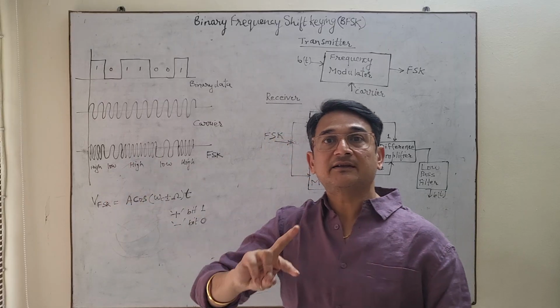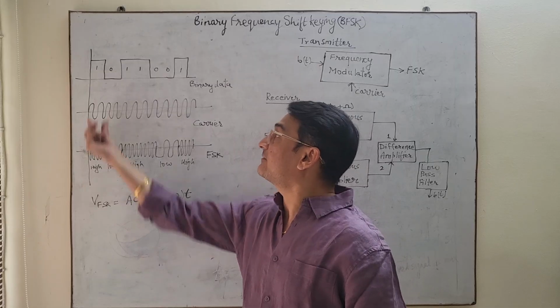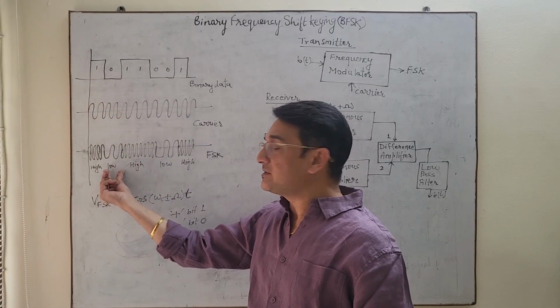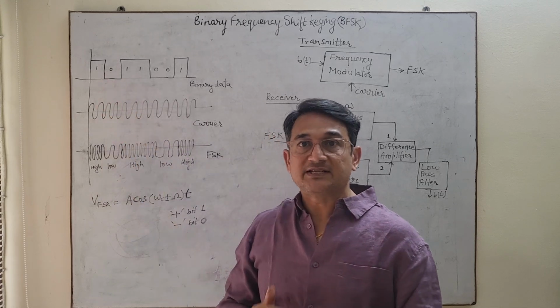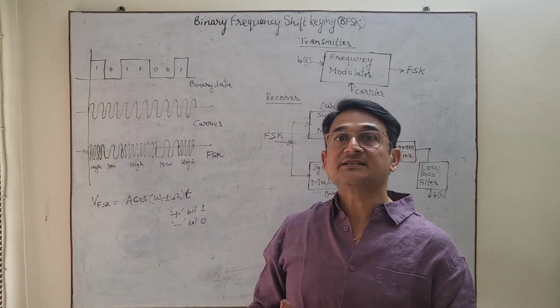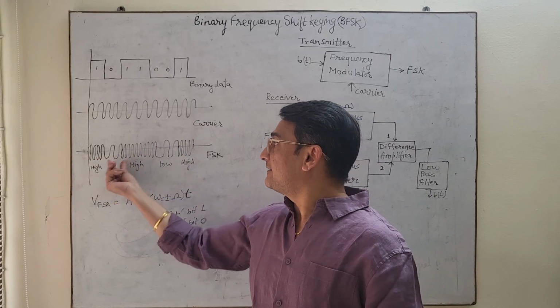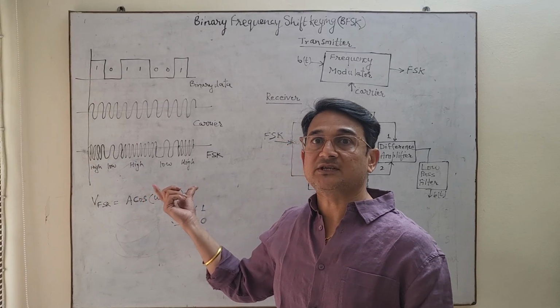The carrier frequency will change into two different frequencies: one is a high frequency when bit 1 is there, and another is a low frequency when bit 0 is there. So basically, a binary frequency shift keying signal has two different frequencies, one high and one low.